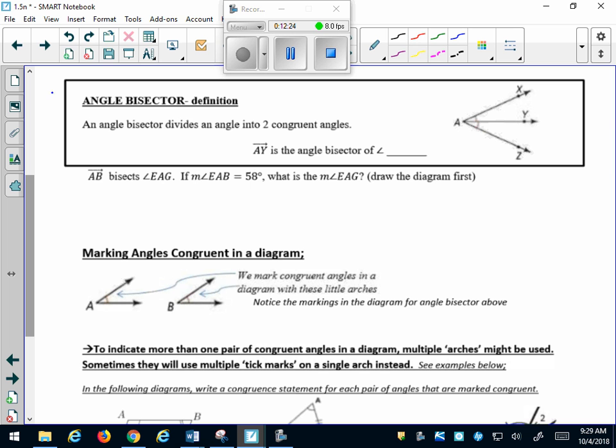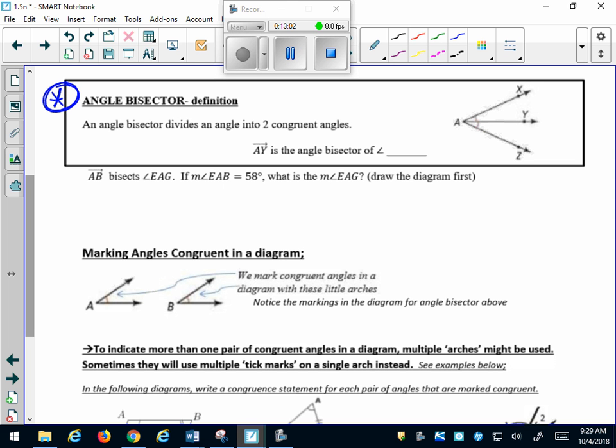Okay, so this is not a theorem, this is actually a definition. It's a very important definition. And this is going to open up new doors for types of problems that we can solve and proofs as well. So this is the definition of an angle bisector.